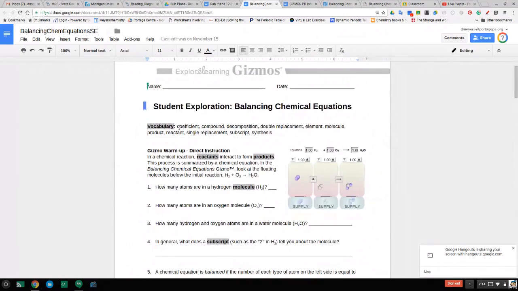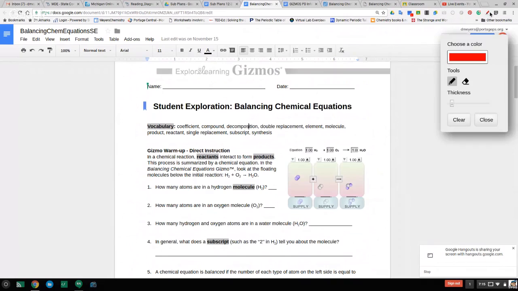Here's some of the vocabulary that you need to be aware of. Okay. I'm going to choose a color. And so all of this here, you should be familiar with already, like what a coefficient is and what a subscript is, what a compound is, and the different reaction types like decomposition, double replacement, single replacement, synthesis, even a combustion reaction.